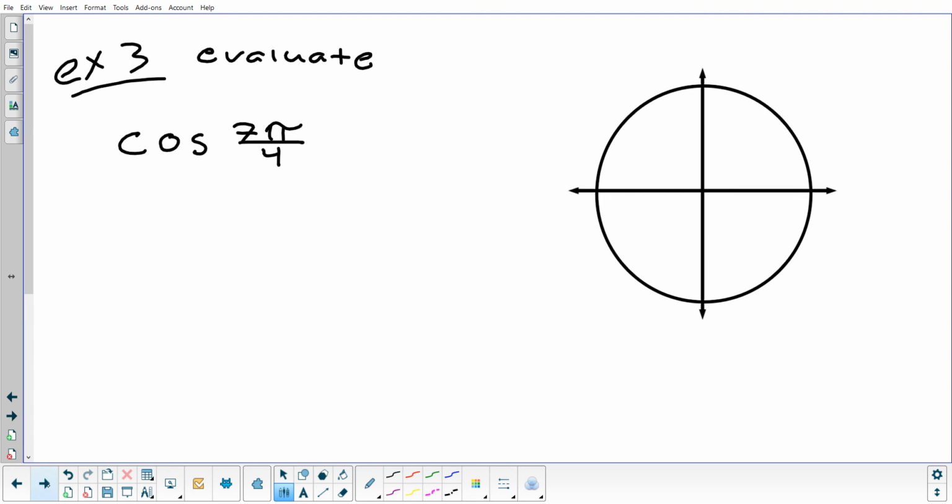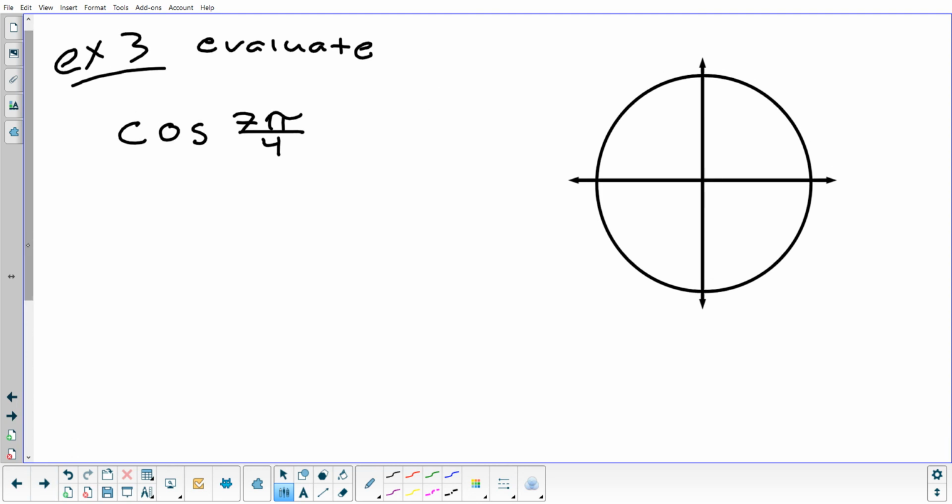All right, let's try this one. Cosine of 7 pi over 4. All right, how about Natalie? What might I want to do first here? And why would you change it to degrees?